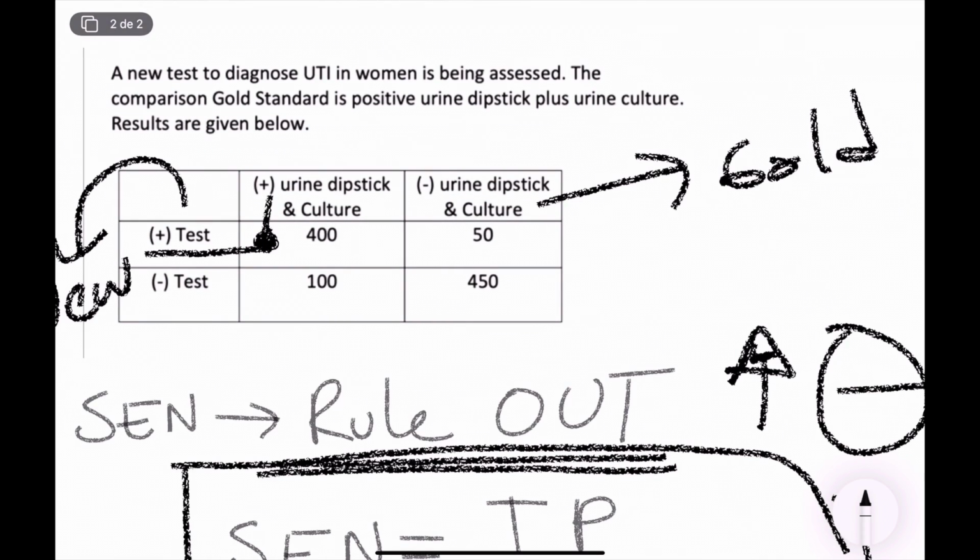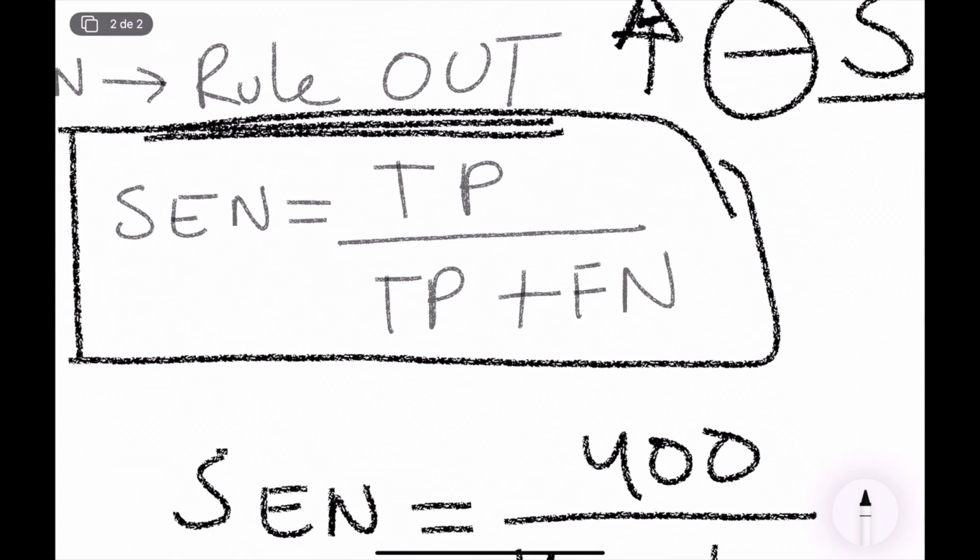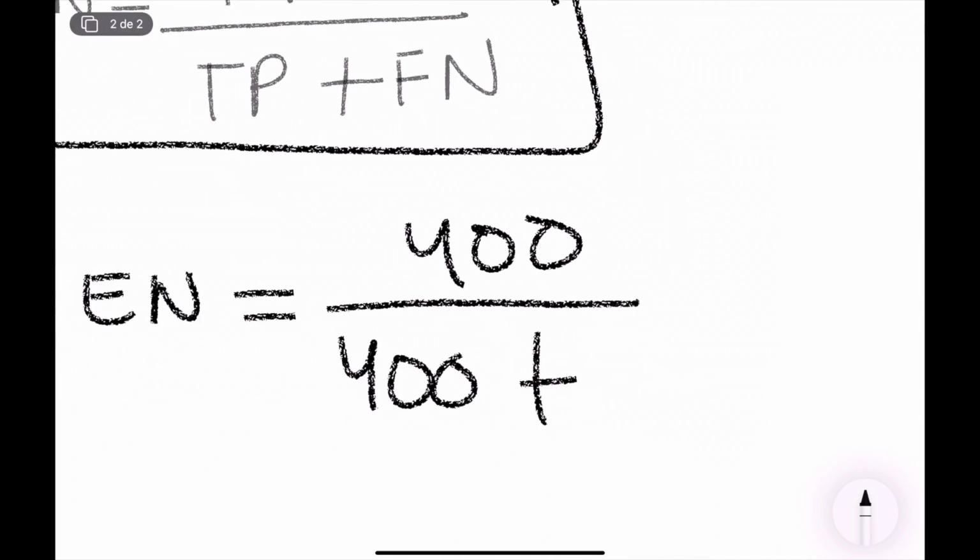False negatives are the people that are negative in the new test, but they are positive in the gold standard. So the gold standard says that they really have the disease, but the new test says that they don't. So the new test is wrong, and those people are 100.